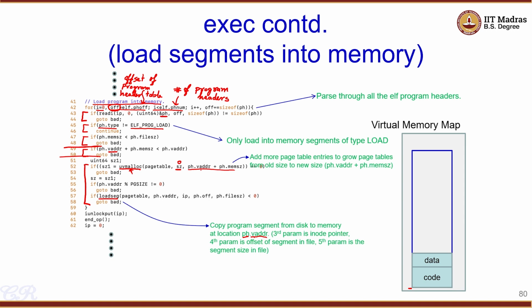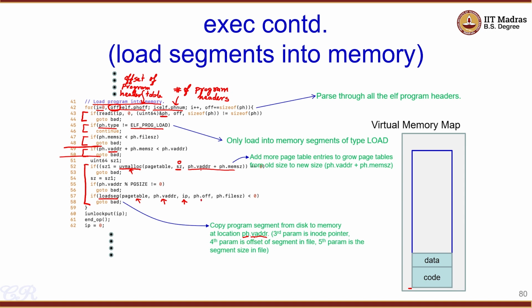So this function load segment takes 5 parameters. It takes page table, which is essentially the pointer to the child process's virtual address space. It takes v address, that is the start of the virtual address within this virtual address space where this segment needs to be copied. It takes IP, the inode pointer, that is the pointer to the ELF file present on the hard disk.